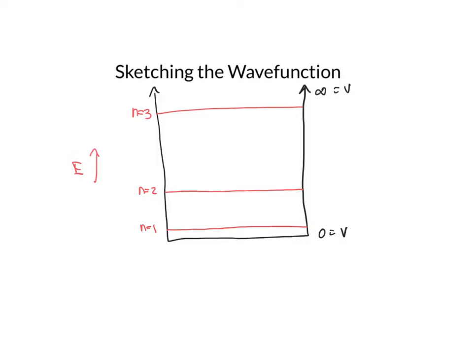So our first wave function in the particle in a box looks like this, our second wave function looks like this, and our third wave function looks like this. How we got those particular wave functions is what we're going to look at in this video. We're going to see how I knew to draw them in that way.